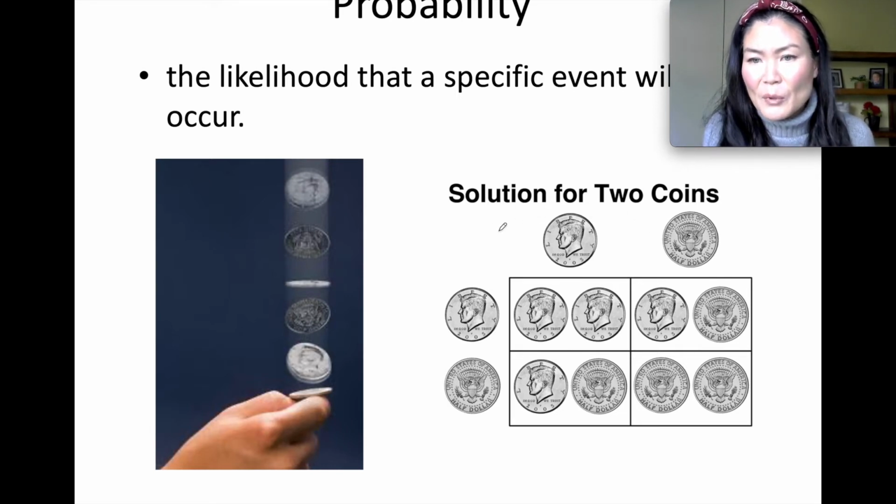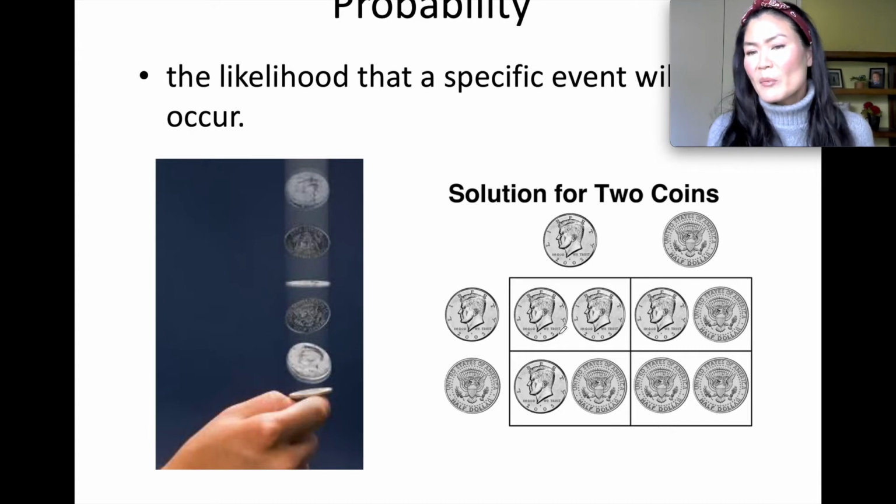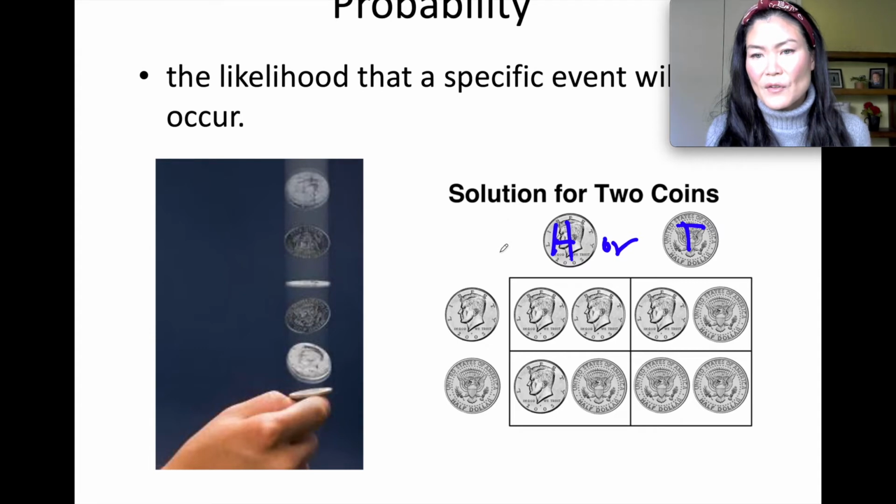So, for example, let's figure out the probability of flipping a coin twice. You're going to flip a coin twice, but what's the probability that you're going to get heads one after the other? Solution for two coins. When you flip a coin, it's either heads or tails. So this is the first flip.